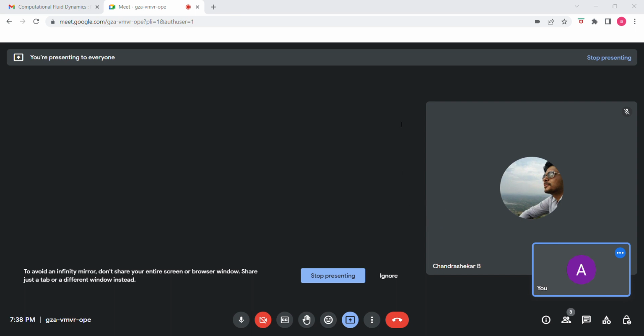So we are discretizing it by giving indices i comma j, i plus 1, j plus 1, j minus 1. So basically this would help us in making the partial differential equation into algebraic terms.